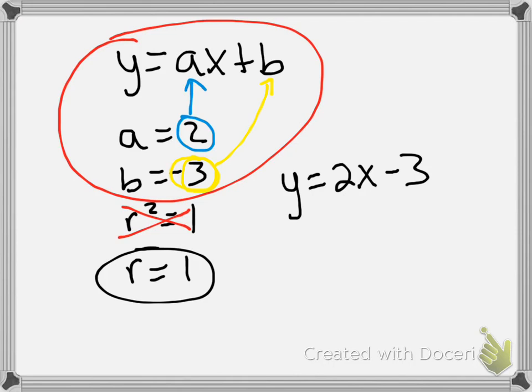Alright, so I'm going to go through and create another table. I'm going to make sure that this one does not come out to a nice perfect line. So if you need anything from this screen, go ahead and get it. I'm going to clear it. I'm going to create a new table this time, and I'm going to make sure that this one doesn't come out to nice perfect numbers.